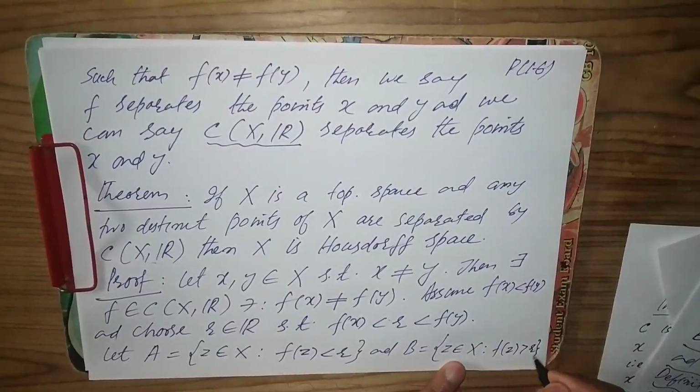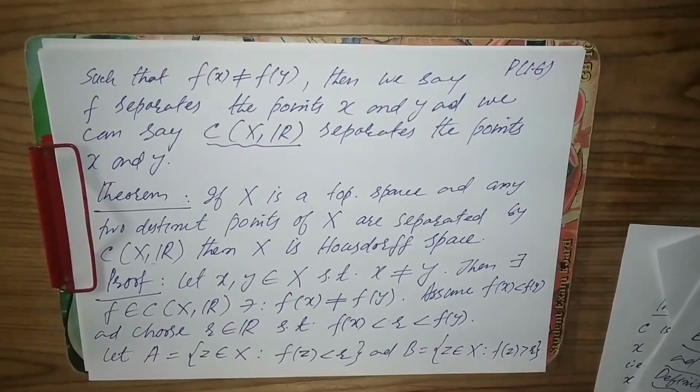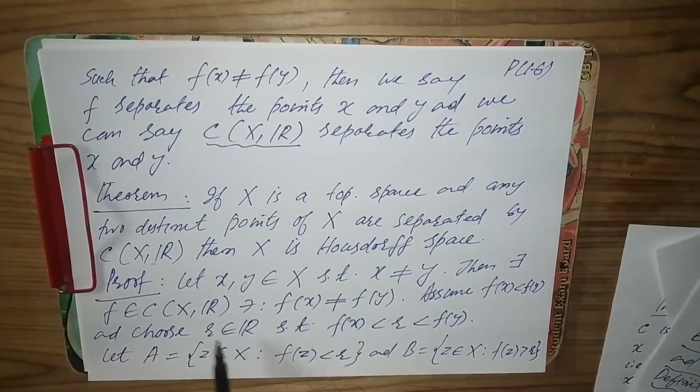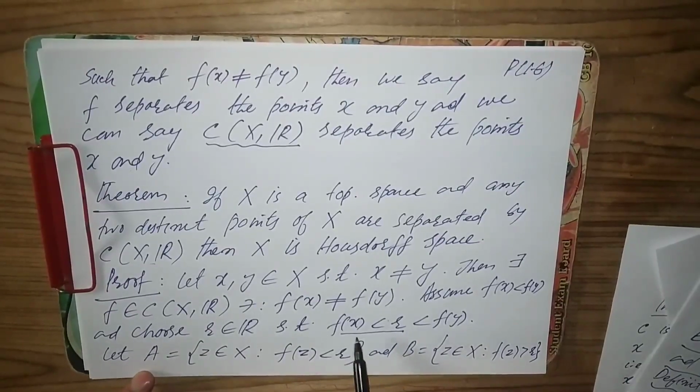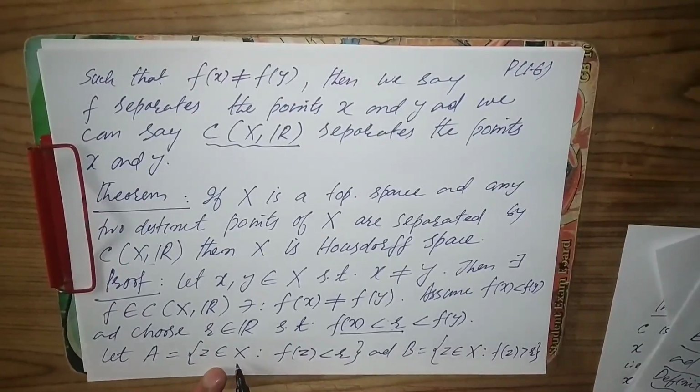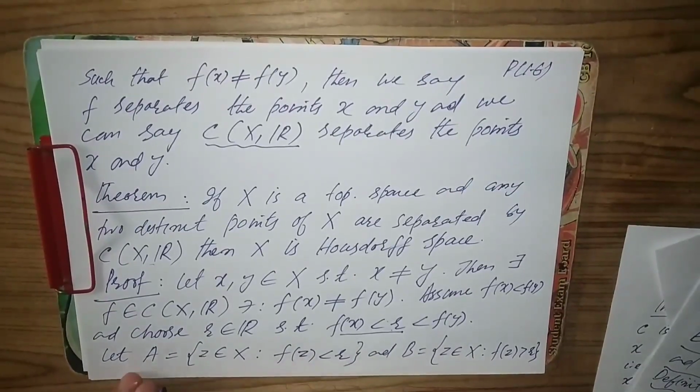So clearly these two sets are non-empty because we have f of x less than r. That means x belongs to A, because any point in X satisfying this property is a point of A, and x has this property.